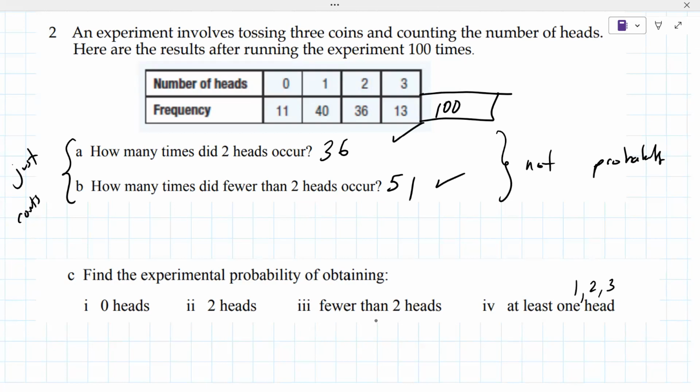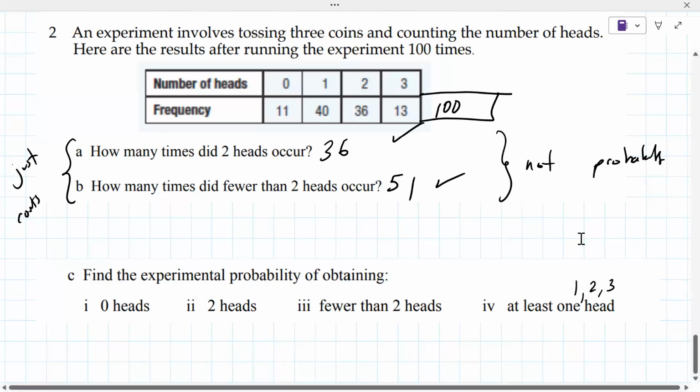Okay. So it would be 76, 80, 89. So 89 out of 100.